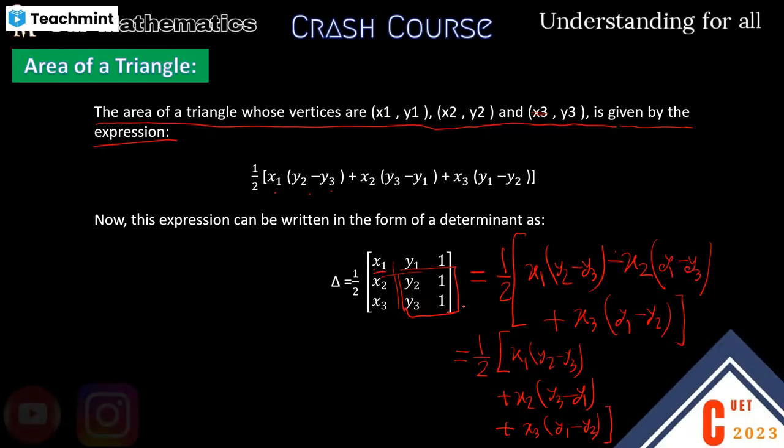So this is how we can express this in the form of a determinant. We just write the determinant: area is equal to half of the determinant with x1 y1 the first point, x2 y2 the second point, x3 y3 the third point, and 1 1 1. Okay.